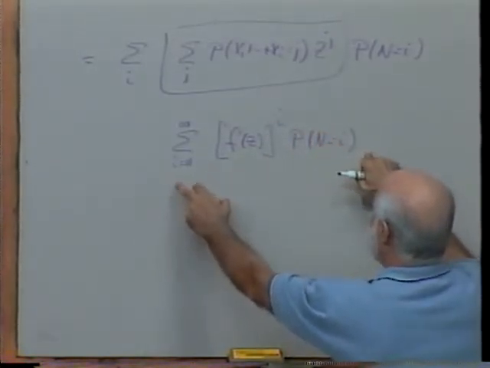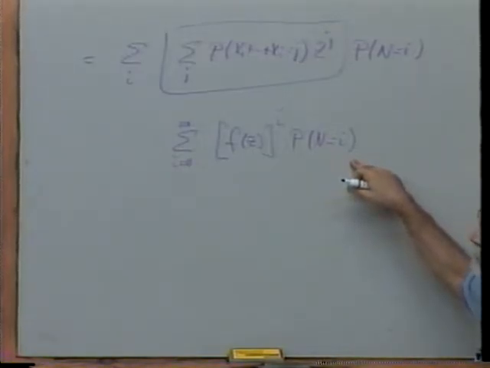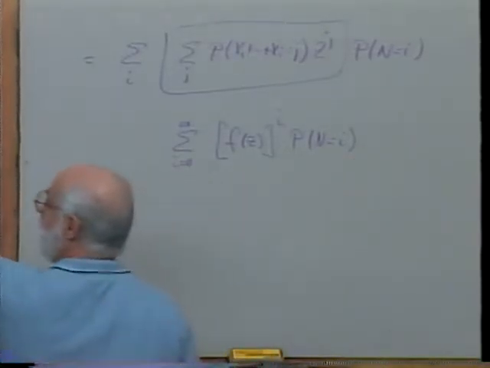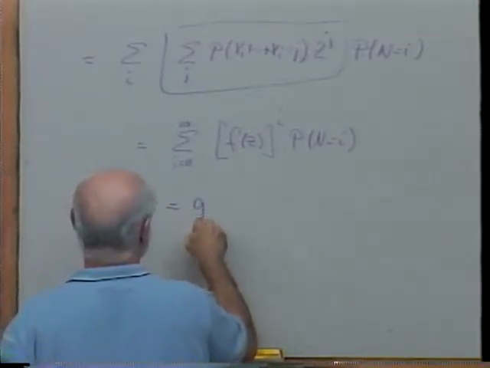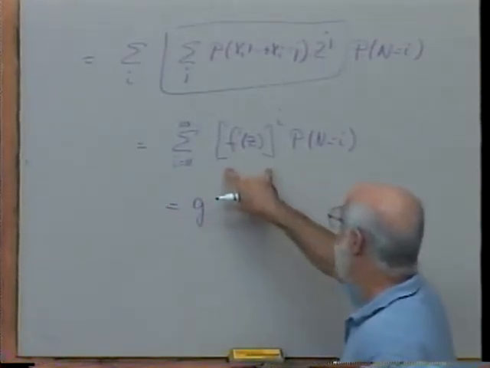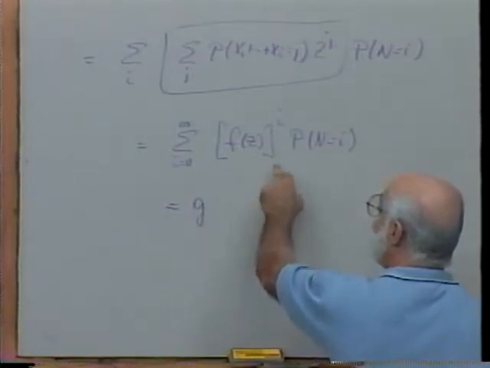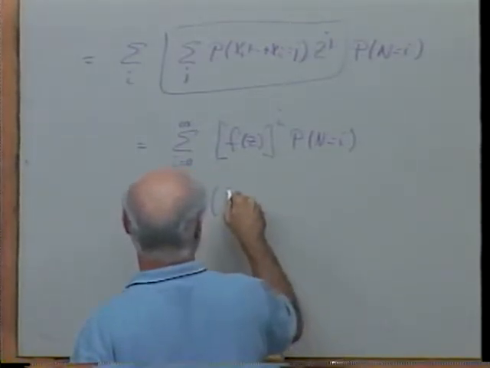So this thing here is the generating function of n. What's the generating function of n? It's g. Except that instead of evaluating g at z, I've evaluated it g at f of z.